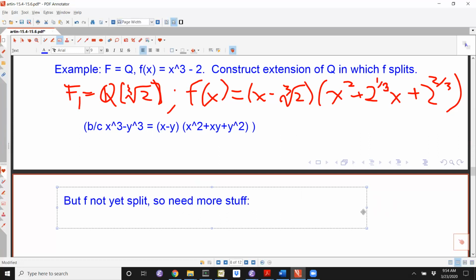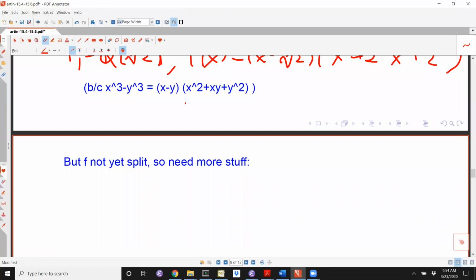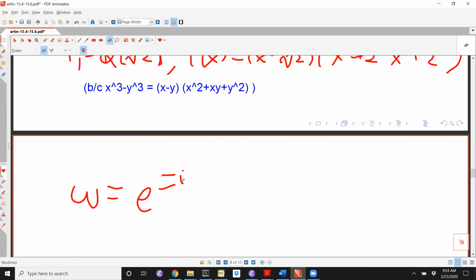And what's true here but not obvious is that one good thing to add, one way to split that last factor, is to add more.